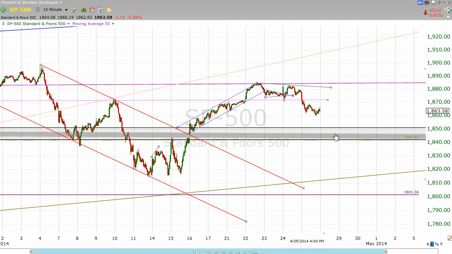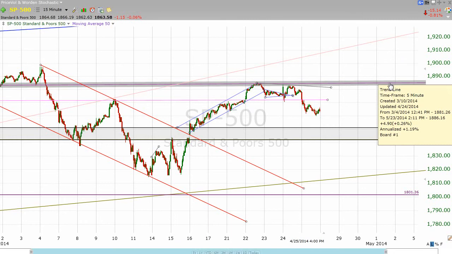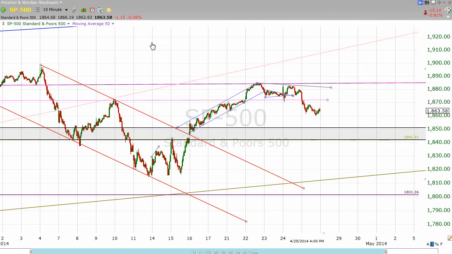If we do, and if we get a bounce here, and we come up to this, let's see if this breaks. But honest to goodness, we are where we have been once again.